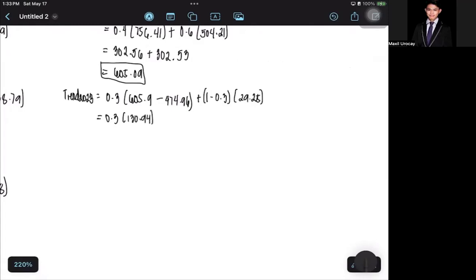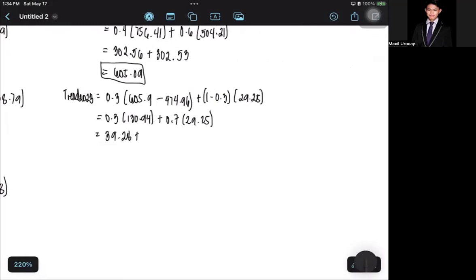And then after that one, your smoothing parameter will become 0.7 times 29.25. For this one right here, you will calculate 130.94 times the 0.3 parameter, and that will equate to 39.28.